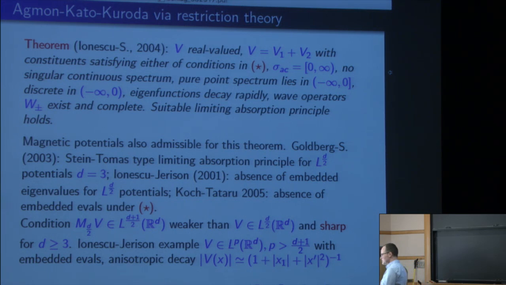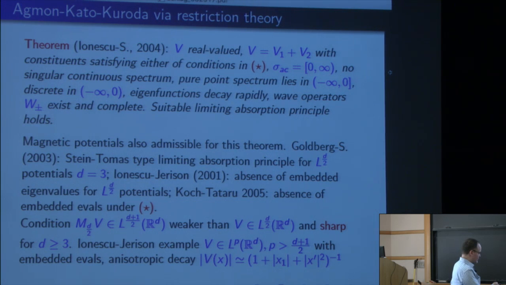So you have what you expect. It's a little bit delicate whether in the absolutely continuous spectrum you may have eigenvalues or not. So first there is Ionescu-Jerison for d over 2 potentials, and then under the condition star, Koch and Tataru showed no positive eigenvalues, correct?